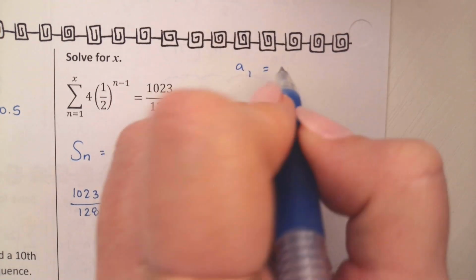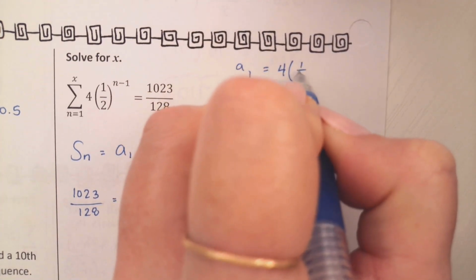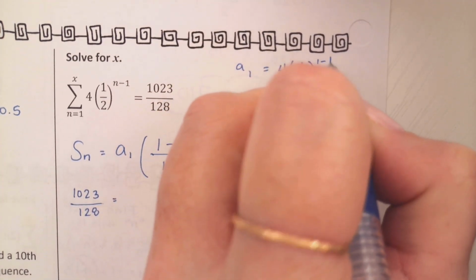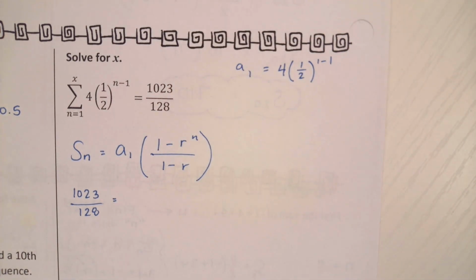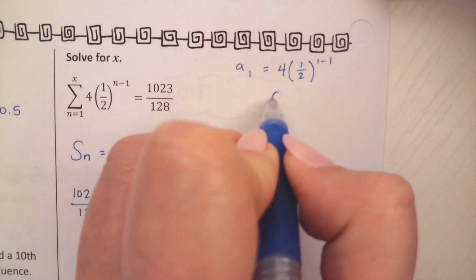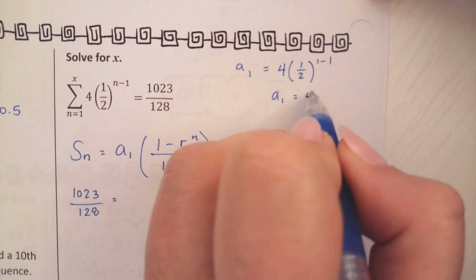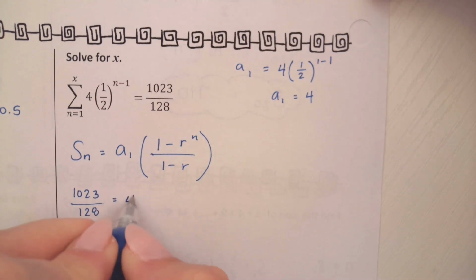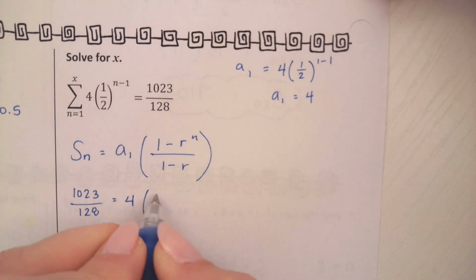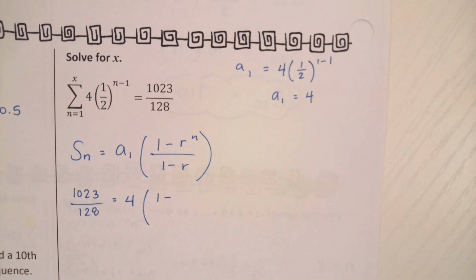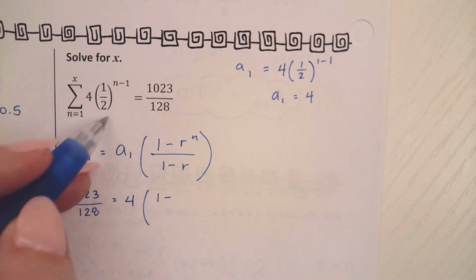Okay, for A1, we can actually go find it. A1 would be 4 times 1/2 to the 1 minus 1. Oh my god, it's 4 again. So it would be 4. Alright, so we know that's 4. And then we'll have 1 minus, what's our common ratio? 1 over 2, right, because it's basically the base of the exponent.